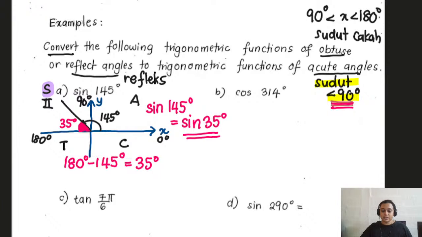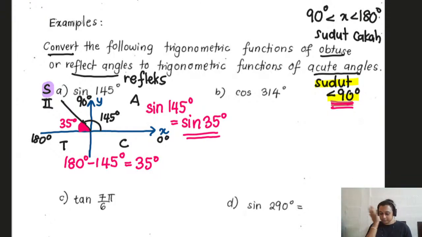Okay, so sekarang, students take your calculator. Double check. Check balik. Sin 145, you see what's the answer. Then you check sin 35. You see the answer. Same answer or not?